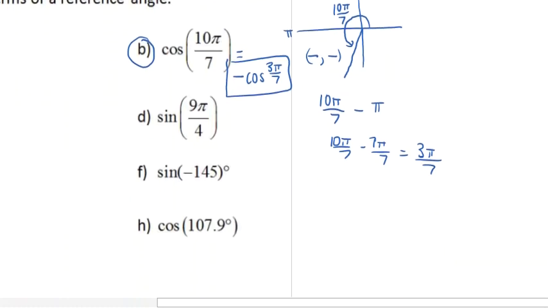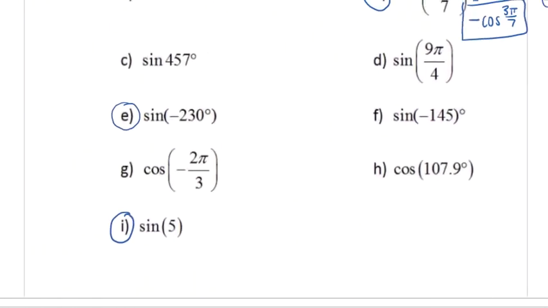Okay, I said I was also going to do this one. E, sine of negative 230. So I start by drawing. Now this is a negative angle. It's a little tricky. It's going to rotate clockwise instead of going the other direction. So this ends up about here. Okay, so there's that. This is negative 230 degrees.